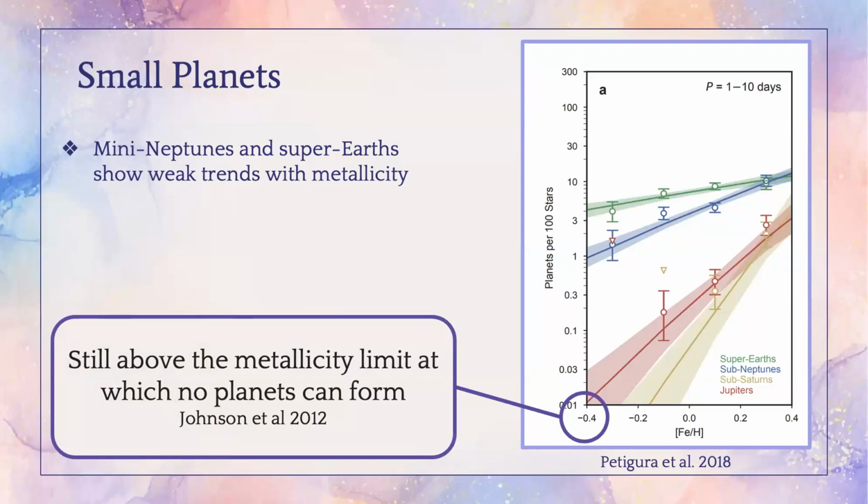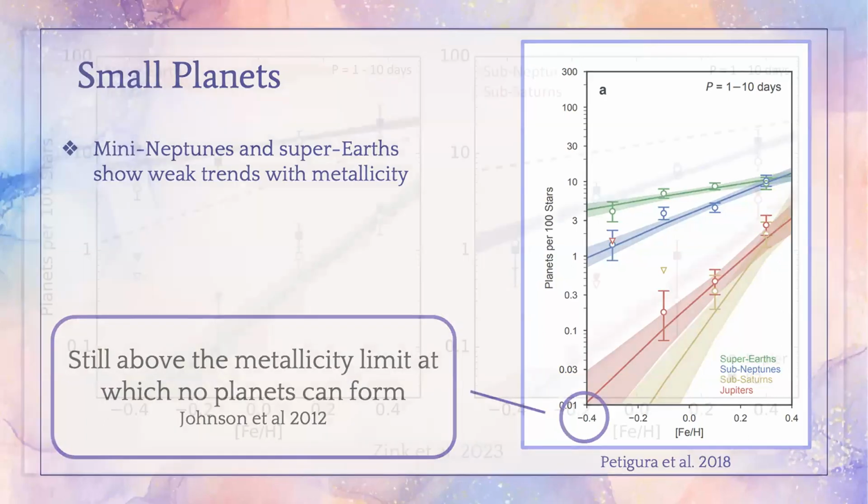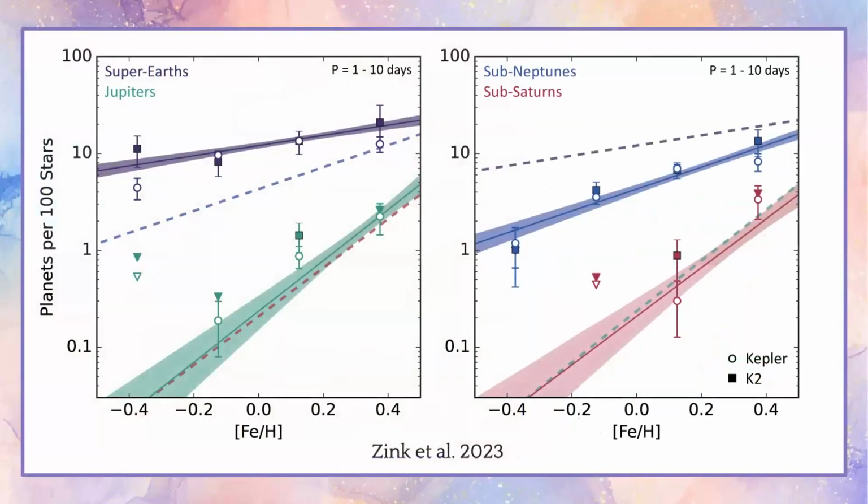I'll highlight one more work by my colleague John Sink that combined Kepler and K2 data. K2 data is important here in this context because K2 was able to look at a wider variety of stellar types than Kepler.